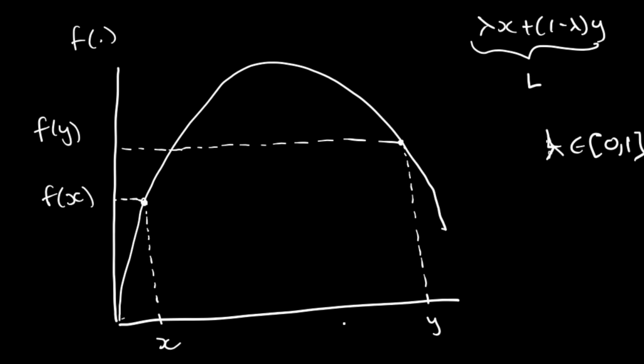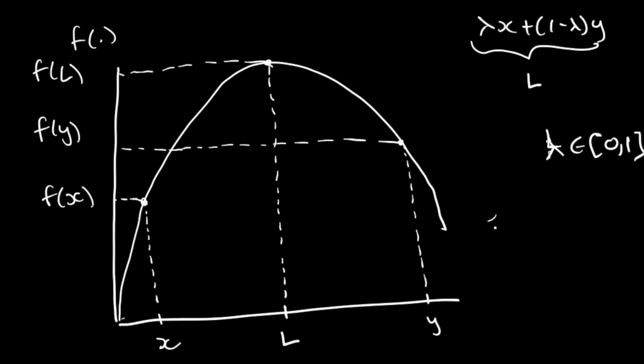Let's take a linear combination between x and y, which, as we know, is going to end up between the 2 points. So let's say right here, smack bang in the middle. We take our linear combination. Let's now map our linear combination to the function that we've just drawn. Now this over here is going to be f of L, so the function of the linear combination.